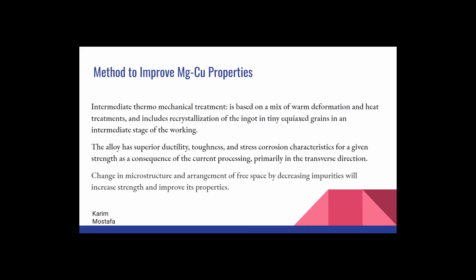The alloy has superior ductility, toughness, and stress corrosion characteristics for a given strength as a consequence of the current processing, primarily in the transverse direction. Change in the microstructure and arrangement of free space by decreasing impurities will increase strength and improve its properties.